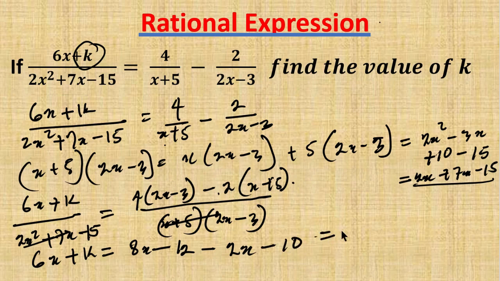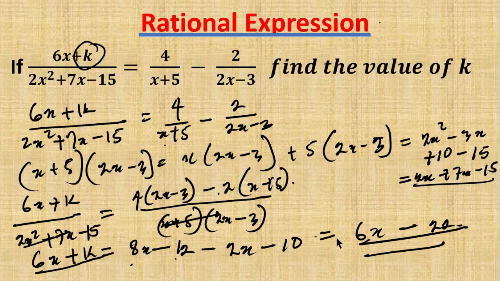So this is the same thing as 8x − 2x, that's 6x, and −12 − 10, that's −22. Now when you look at both expressions, you see 6x + k is the same thing as 6x − 22. So obviously my k is the same thing as −22.